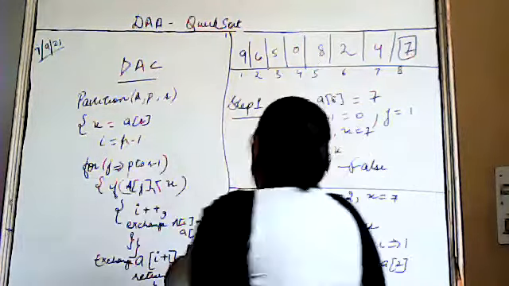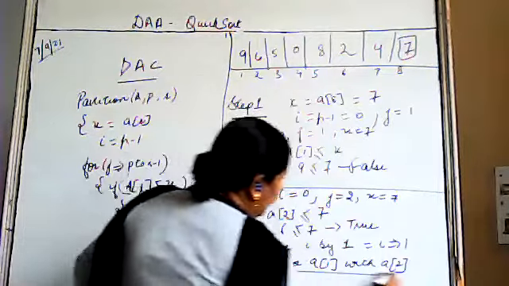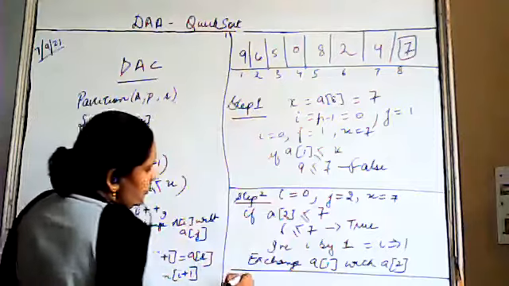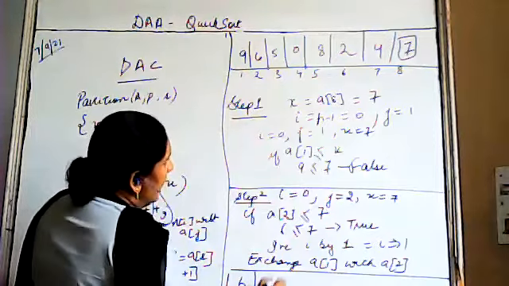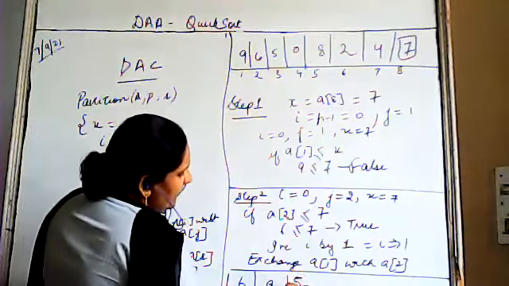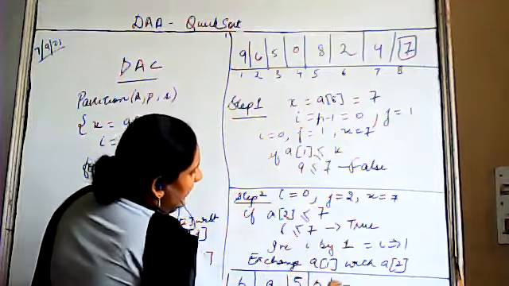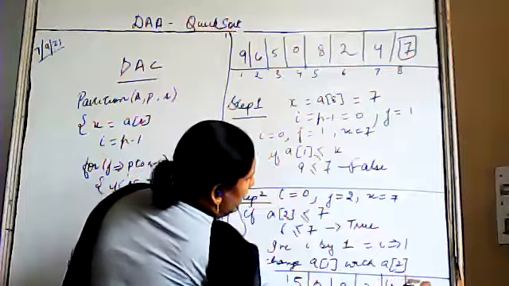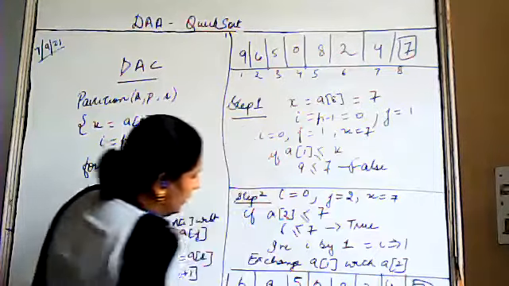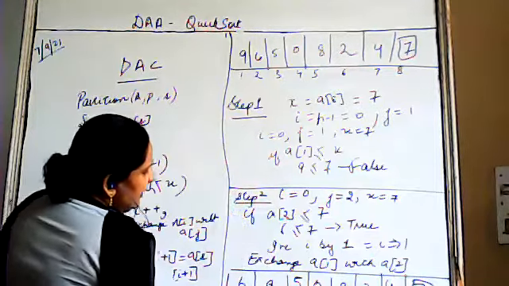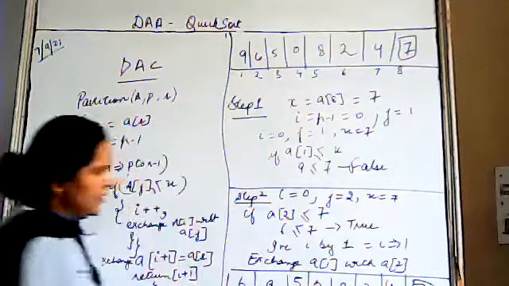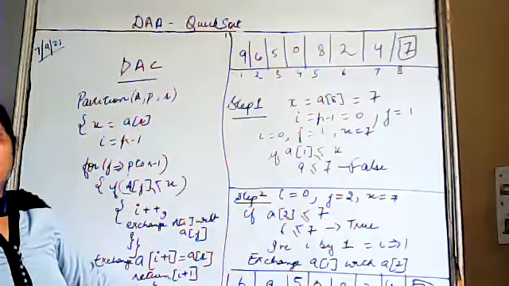So the output for the first step would be 9 and 6 swapped. So 6, 9, 5, 0, 8, 2, 4, 7. And 7 is again my pivot element. And the indexes are varying from 1, 2, 3, 4, 5, 6, 7, and 8. So this is my output of step 1.